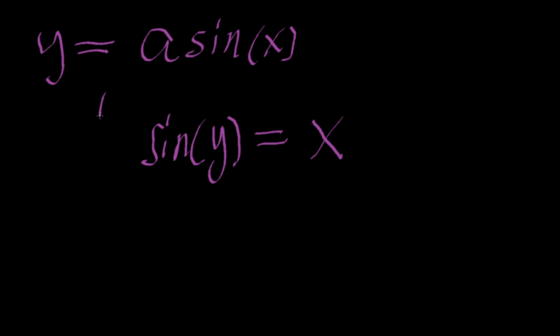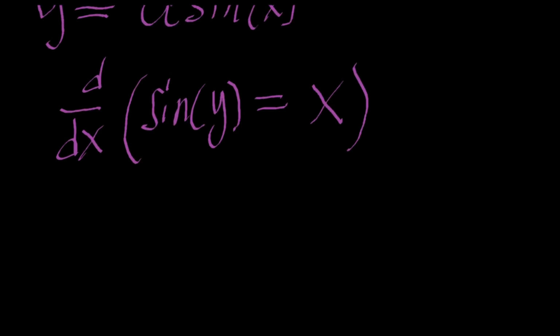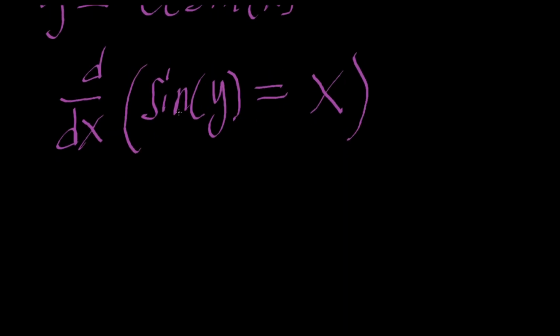Now let's take the derivative of both sides. On the left-hand side, we've already established that the derivative of sine of x is equal to cosine of x.